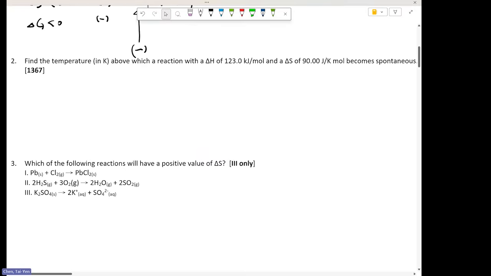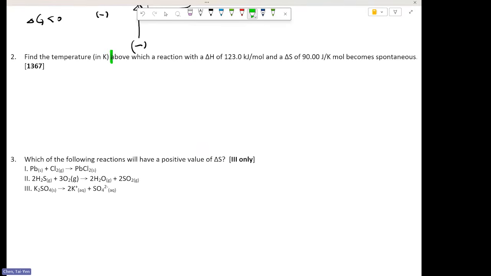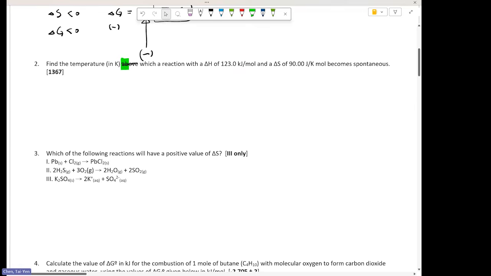Okay, the second question: find the temperature in K at which a reaction with delta H of 123 kilojoule per mole and delta S of 90 joule per K mole becomes spontaneous.